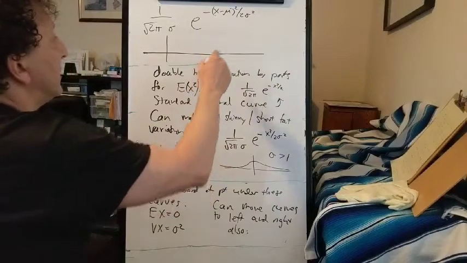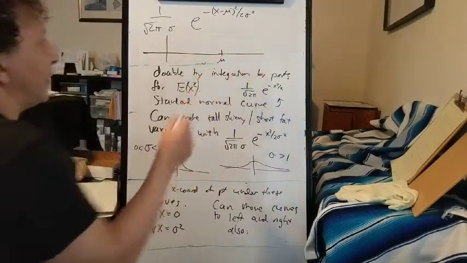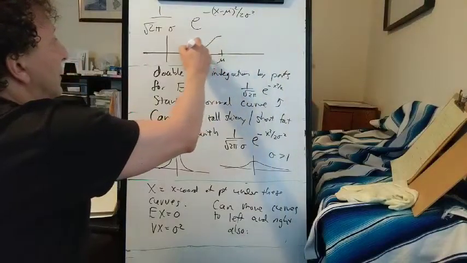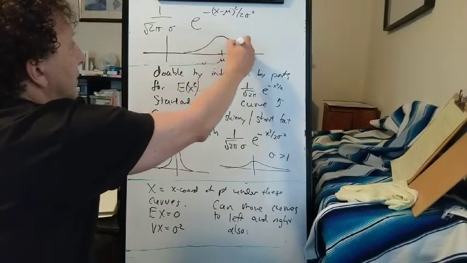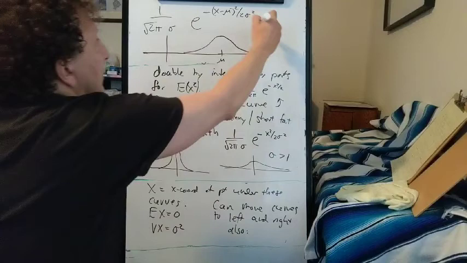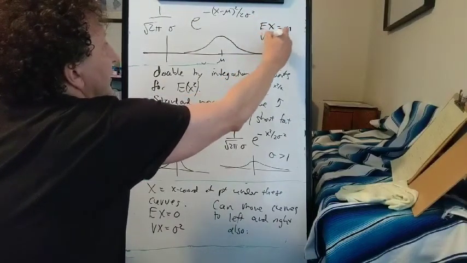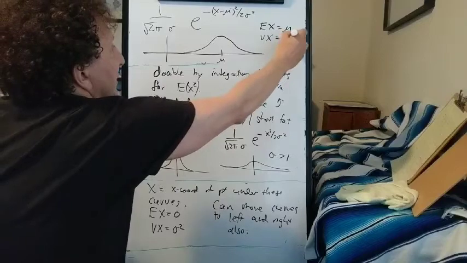So this is going to be the bell curve that's centered at x equals mu. Here the expected value of x is mu, and the variance of x is still sigma squared.